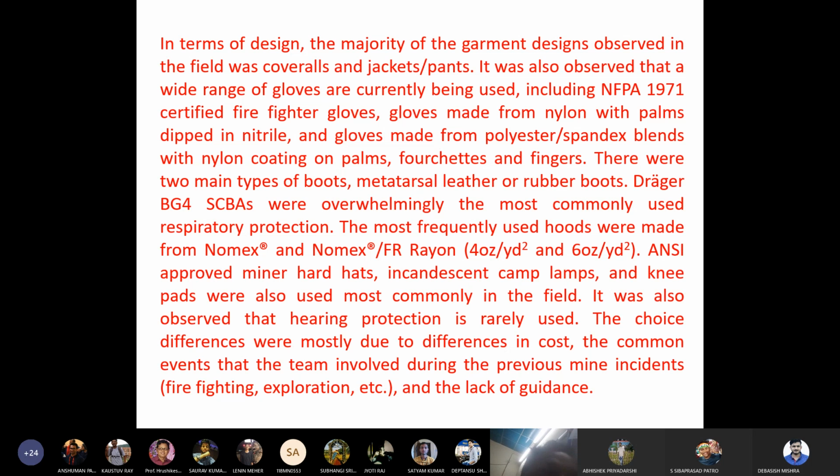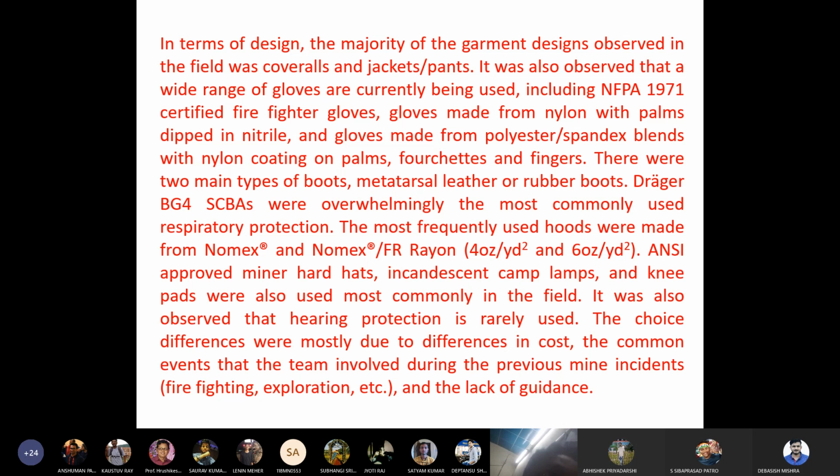It was also observed that a wide range of gloves are currently being used, including National Fire Protection Association 1971 certified firefighter gloves made from nylon with palms dipped in nitrile, and gloves made from polyester spandex blends with nylon coating on palms and fingers. There were two main types of boots: gumboots, and metatarsal leather or rubber boots.